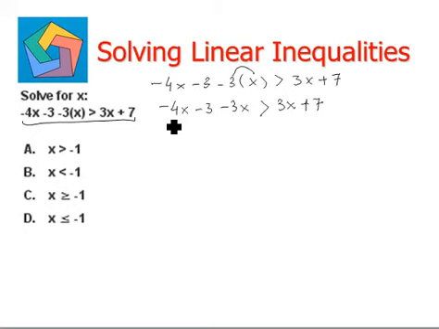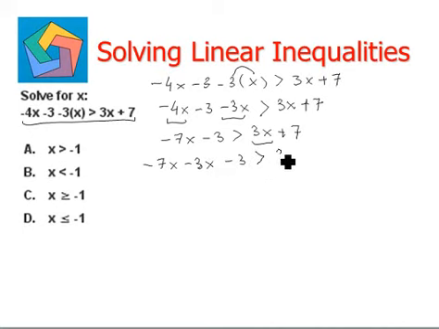So the like terms are negative 4x and minus 3x. Negative 7x minus 3 is greater than 3x plus 7. We take the 3x to the other side, and for that we subtract 3x on both sides. 3x minus 3x becomes 0.